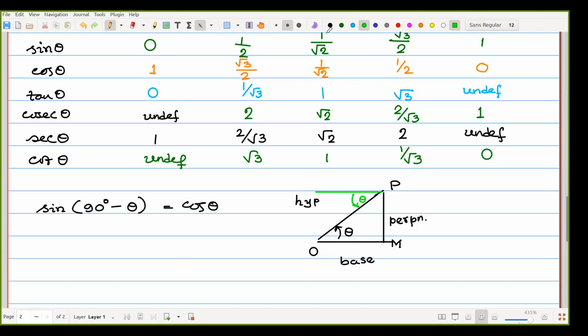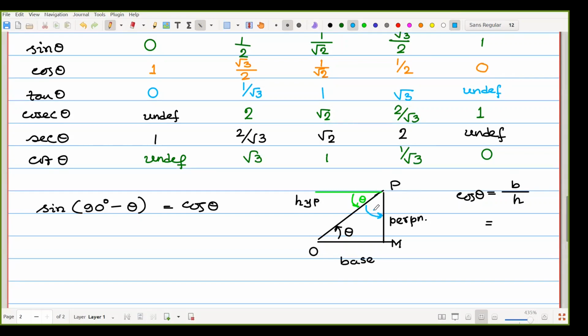Okay, so from here we can write one thing, that cos theta is equal to base by hypotenuse. So base by hypotenuse, that is the case here.